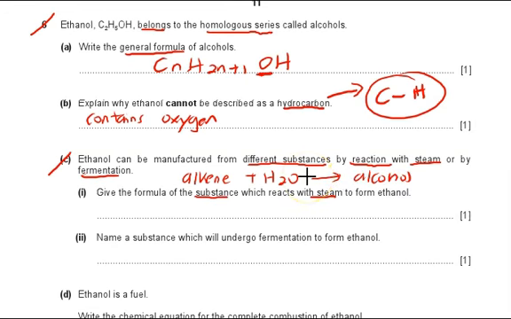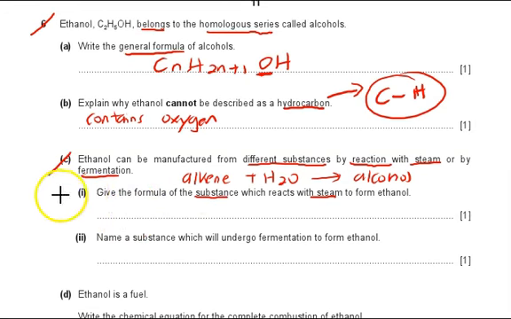So it needs to come from the same number of carbons, if it's ethanol, it needs to come from ethene, right? So the formula of ethene is C2H4. So the general formula here will be CnH2n. This is for alkene.